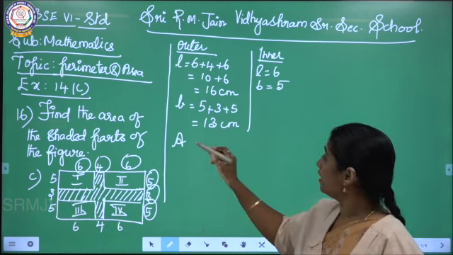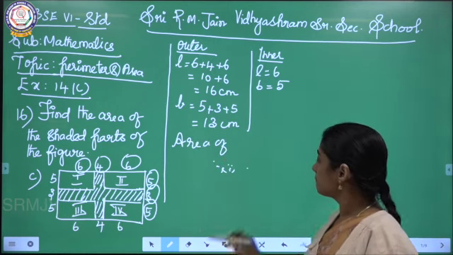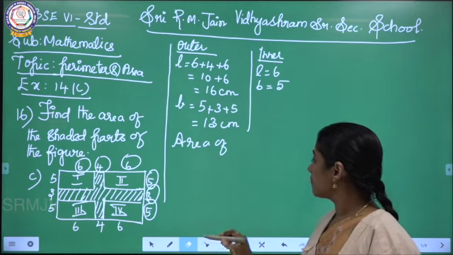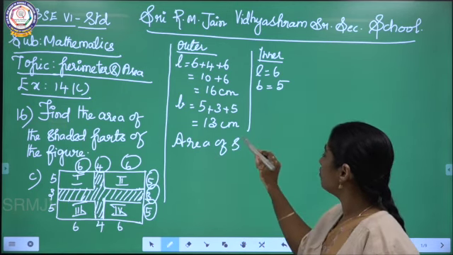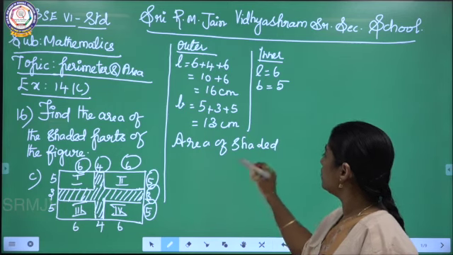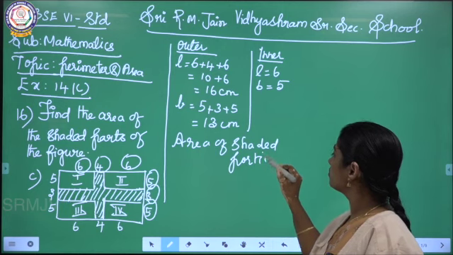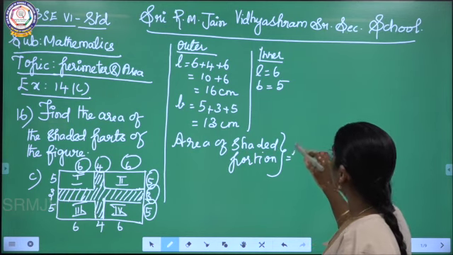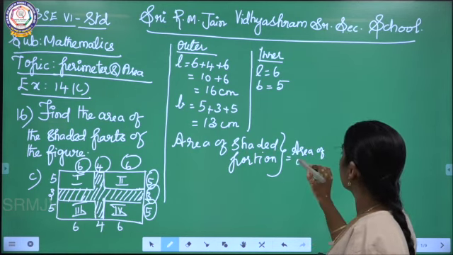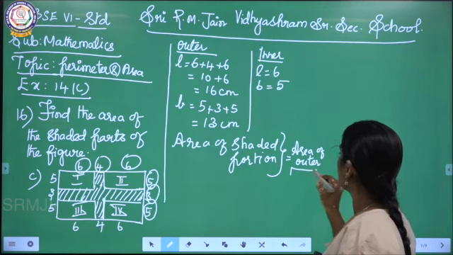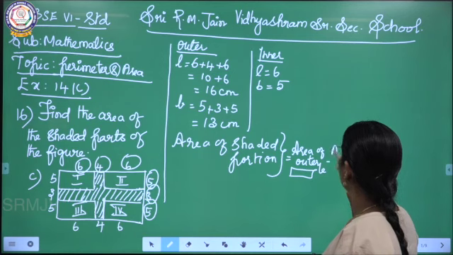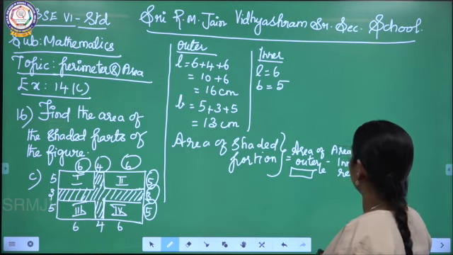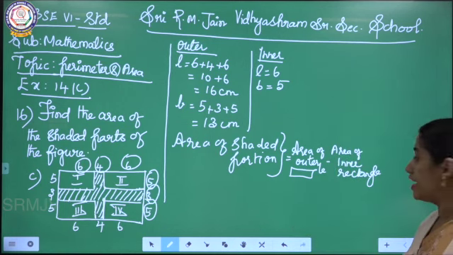Listen, area of the shaded portion is equal to area of the outer rectangle minus area of the inner rectangle. This is the area of the shaded portion.